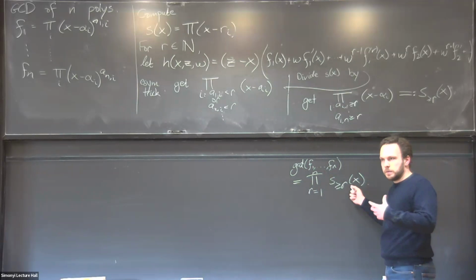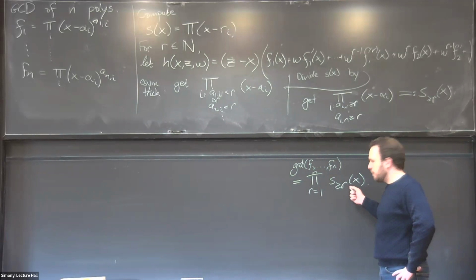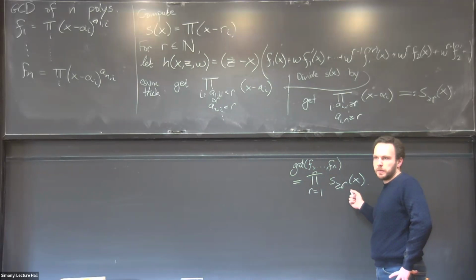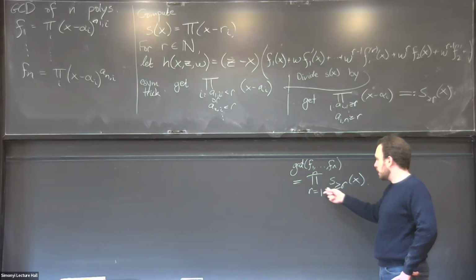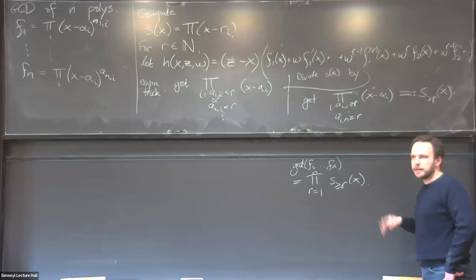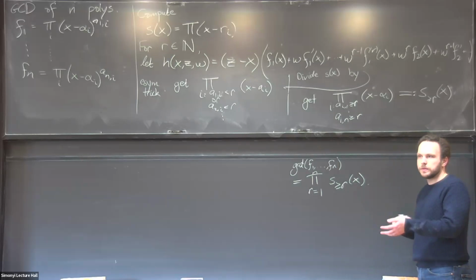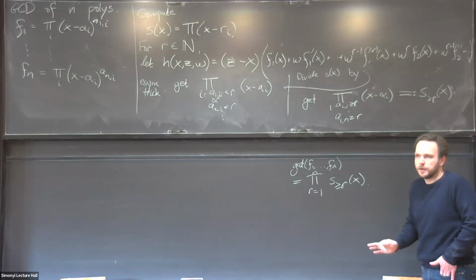If the root has multiplicity, say 5, I pick it up in the first 5 terms, each with multiplicity 1. So this will give you the GCD. You have to compute these polynomials, which again uses the same trick we keep using, of filtering out roots by comparing polynomials. But we're doing this all without factoring the polynomials.